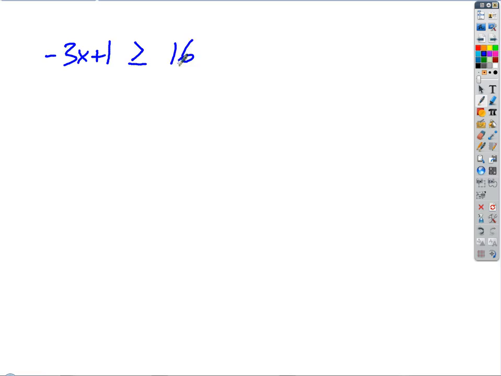Okay. So what about this one? What are the two steps in order I go through to isolate the x this time? First subtract 1, good, and then divide by negative.